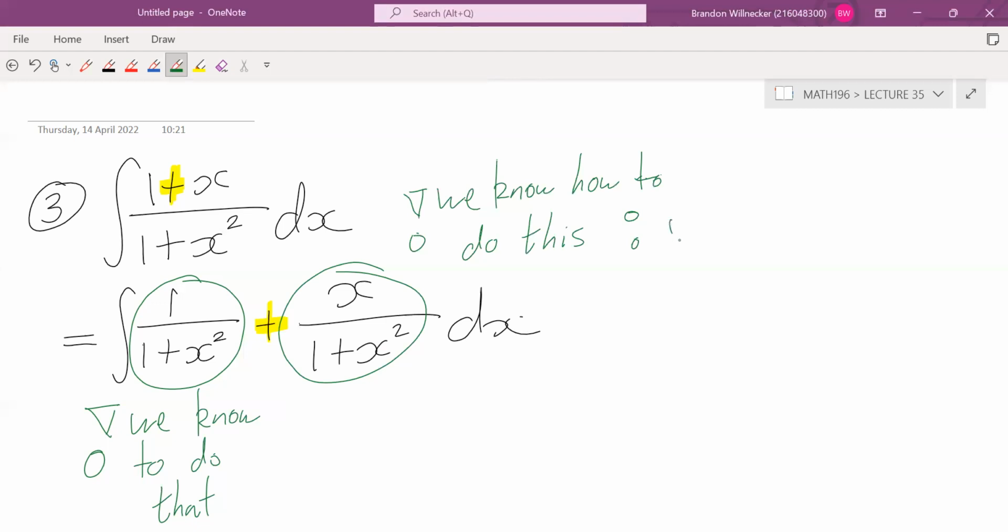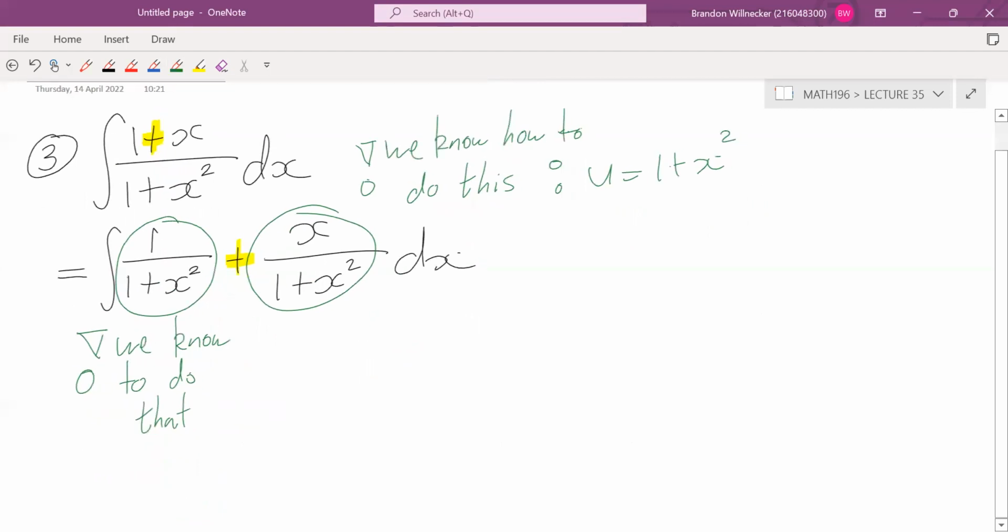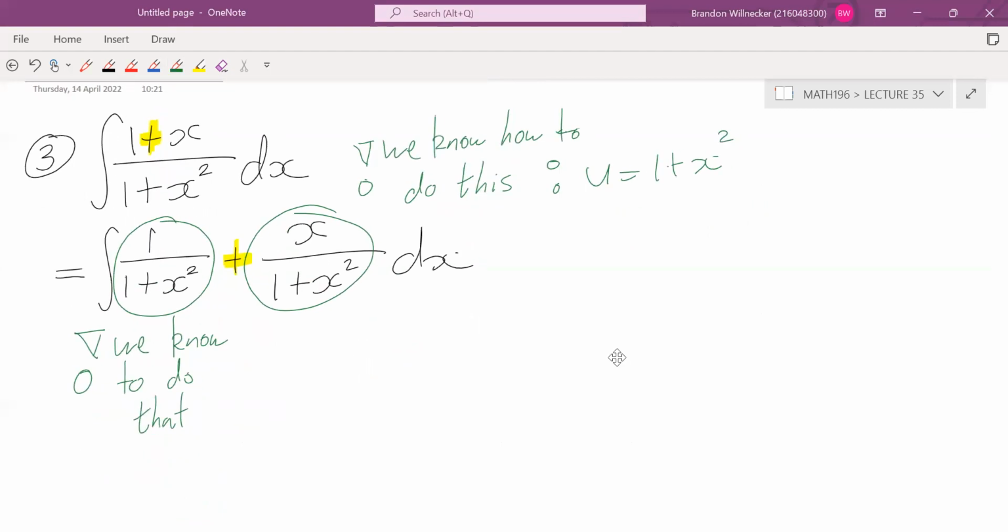So if we let u be equal to 1 plus x squared, then we can do that integral as well. So you see sometimes we need to split the fractions up because the individual parts are easier to do than everything added together. So just keep that in mind when you have these fractions to work with.